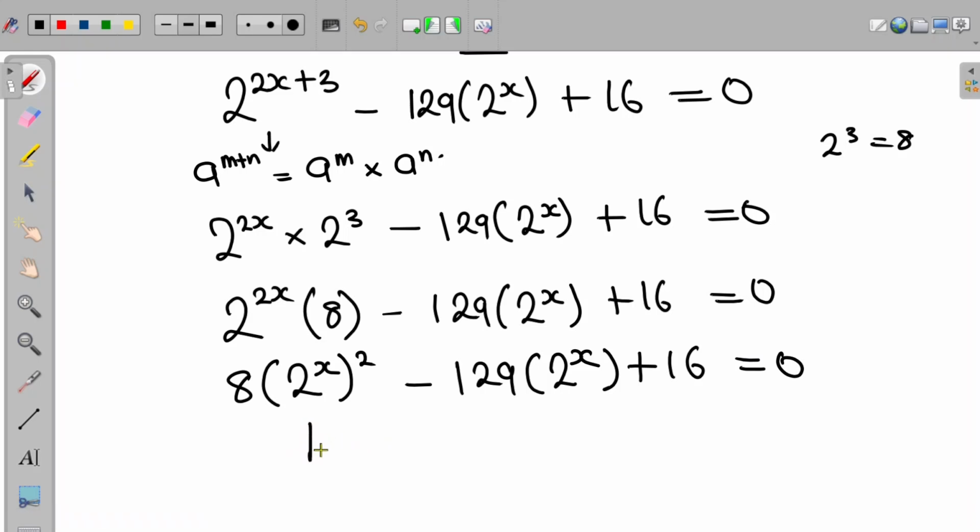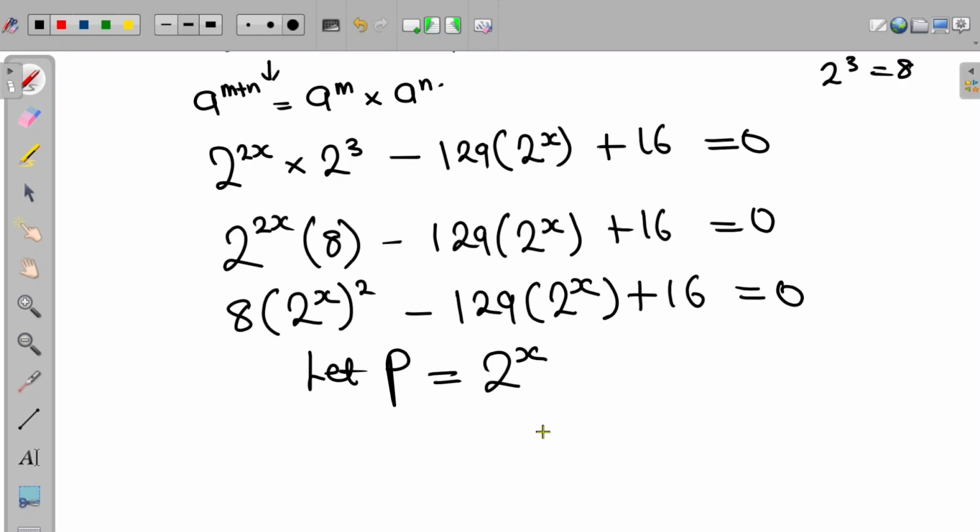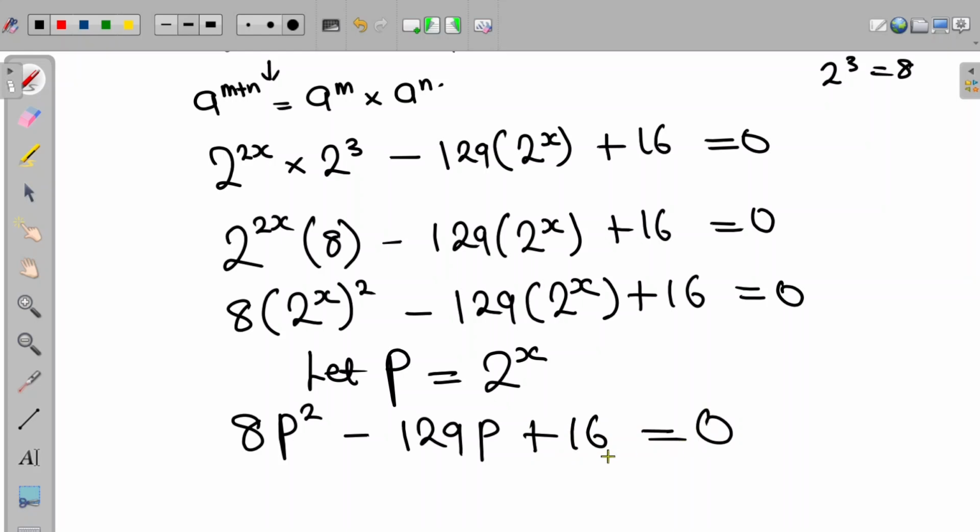So we say that let p be equal to 2 to the power of x. So at this point, the equation in terms of p becomes 8 multiplied by p all squared minus 129 multiplied by p plus 16 equal to 0.